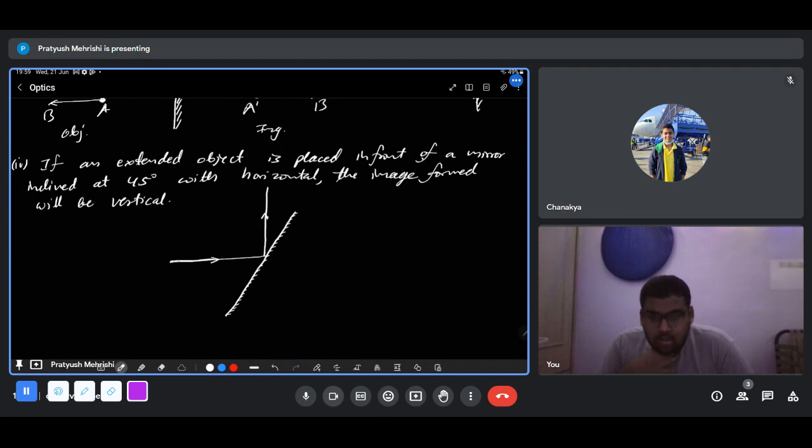This is our object, and that was the ray of light. Let us make the object in red color.